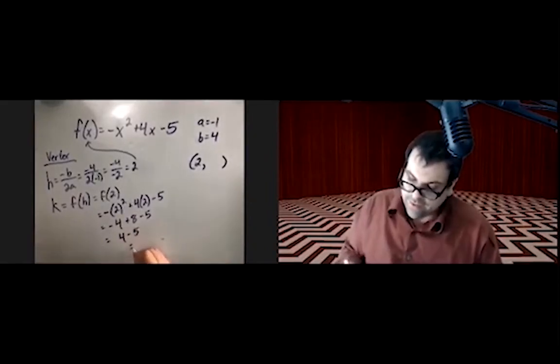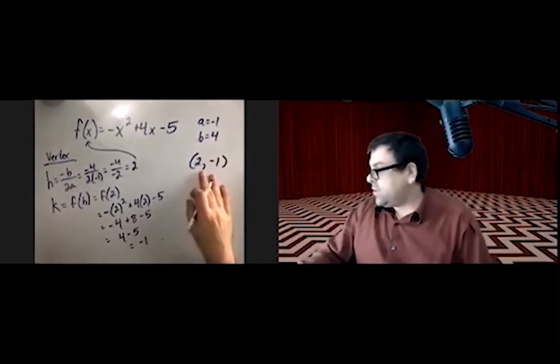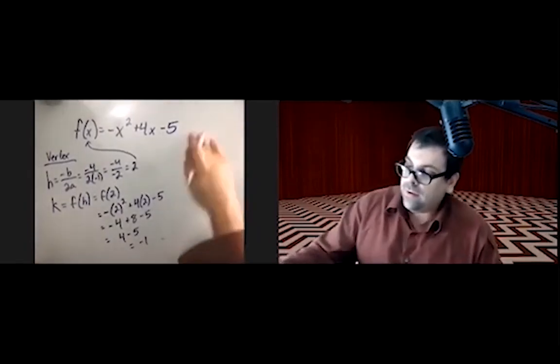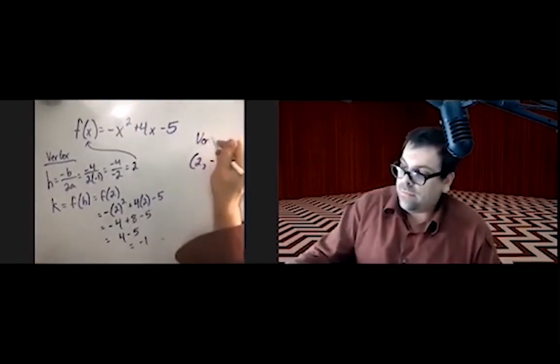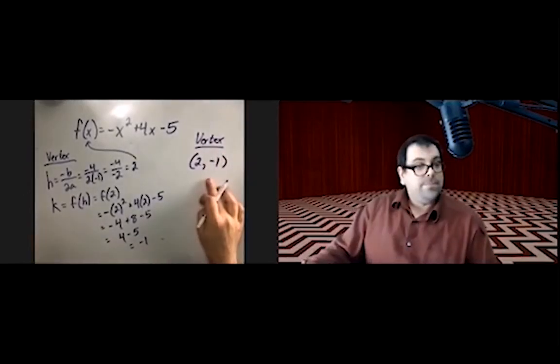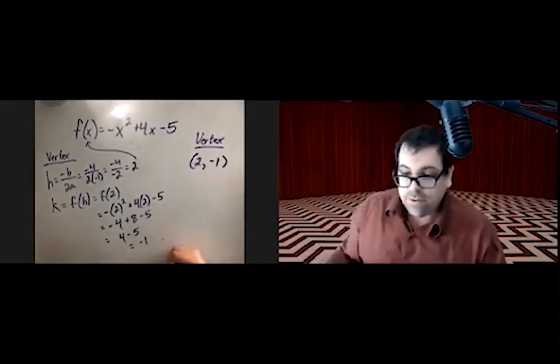Minus 5. 4 minus 5 is -1. So a vertex of 2, -1.